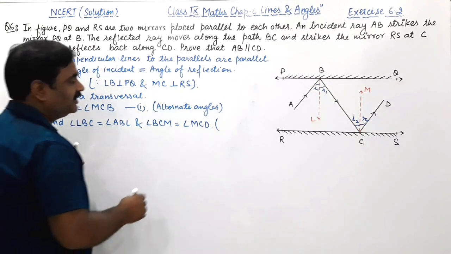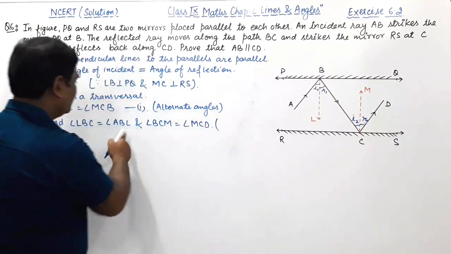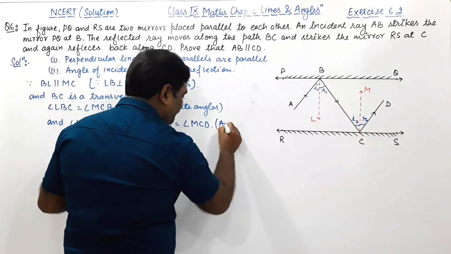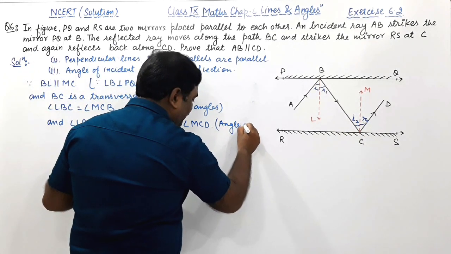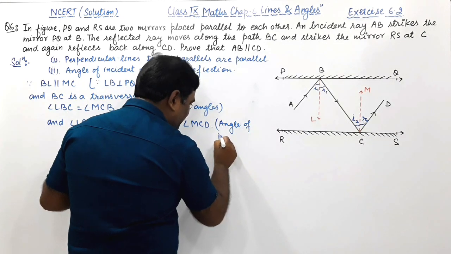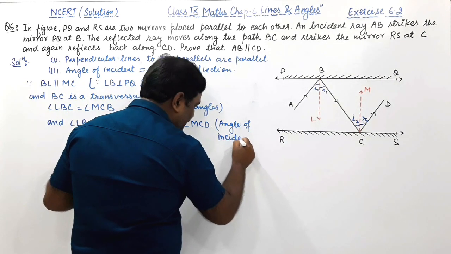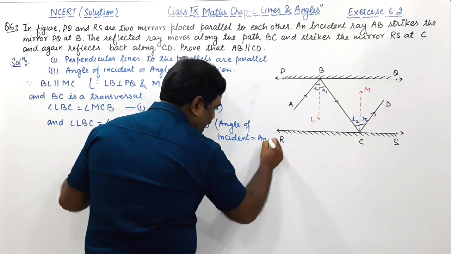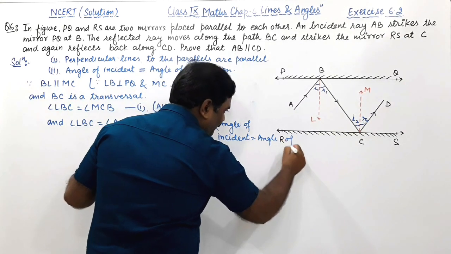The reason you can write down is the same: angle of incidence is equal to angle of reflection.